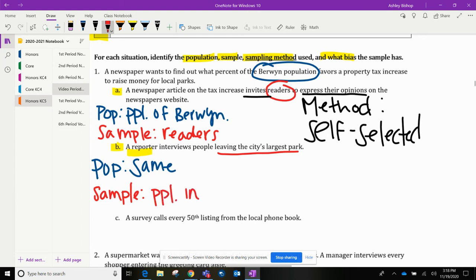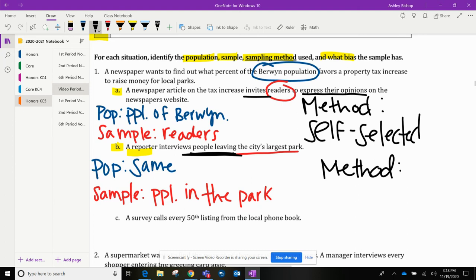So the people that are in the park right now that are leaving are the people I can sample. Then the method that I use to find these people, well, I set up my camp at the exit of the park. I strategically use the exit so that I am finding people as they are leaving.